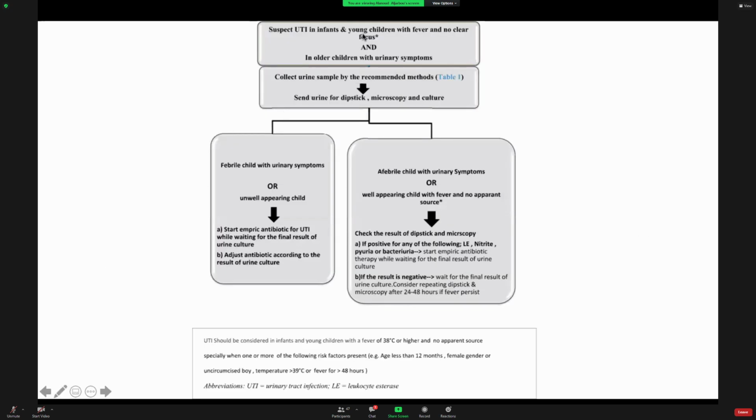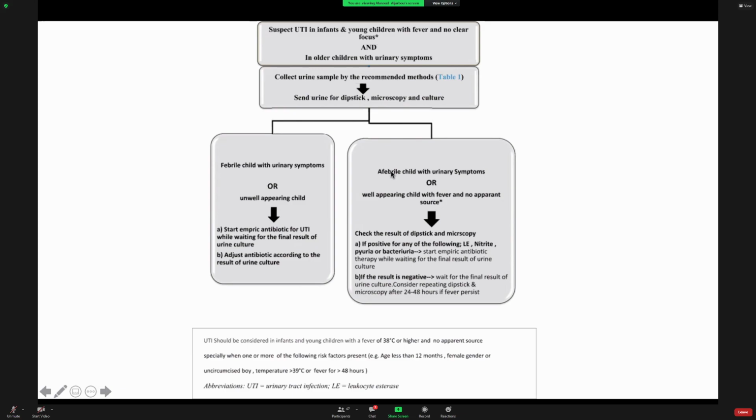As we mentioned, if infants and younger children present with fever and no clear focus, we suspect UTI, or if older children present with urinary symptoms, we will send urine. Initially, we can send urine dipstick and microscopy, but the Saudi pediatric guideline recommends sending culture at the same time.